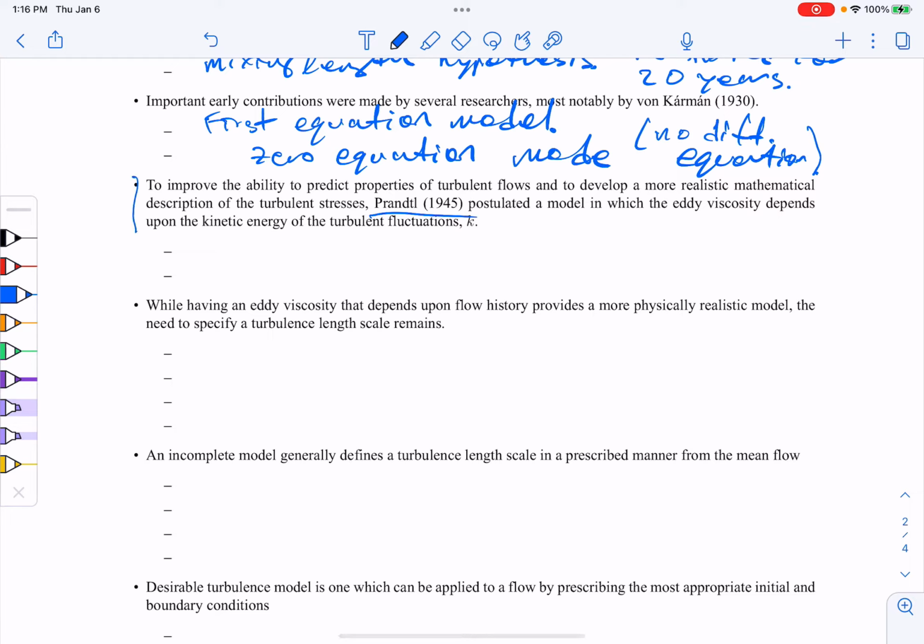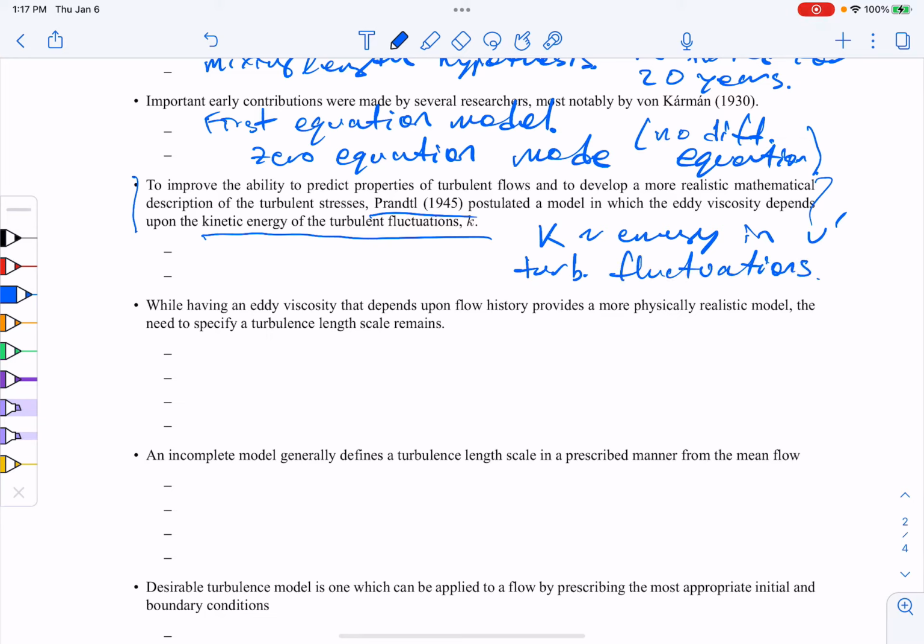And you should read this little bit of text. I'll just read it for the class. I wrote: to improve the ability to predict properties of turbulent flows and develop a more realistic mathematical description of turbulent stresses, Prandtl postulated a model in which the eddy viscosity depends on the turbulent kinetic energy. So K is the energy in u prime, which are the turbulent fluctuations. We're welcome to define energy however we want, but I think it'll be wise to try and derive this from the equations of motion after we do Reynolds averaging.